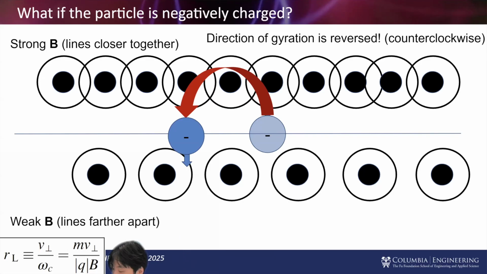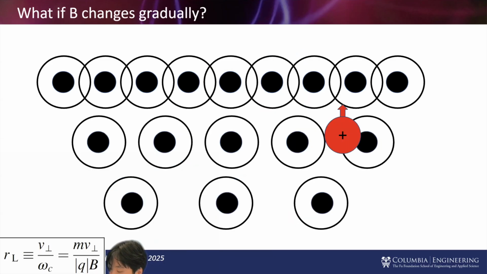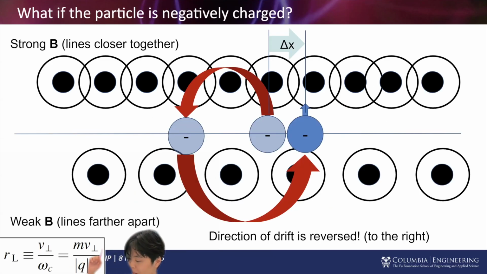Then I gyrate downwards into a lower magnetic field section, and my Larmor radius is bigger. Sorry, before I said the Larmor radius is smaller, yes, and then I go to a weaker B field, which means my Larmor radius is bigger. Fractions are sometimes confusing like that. But you can see I slowly drift just a little bit, and I'm no longer at my original starting position. So it drifts in the opposite direction in comparison to the positive charge.